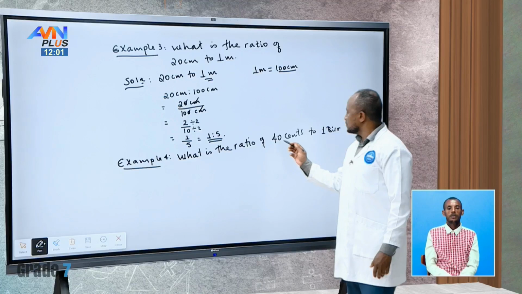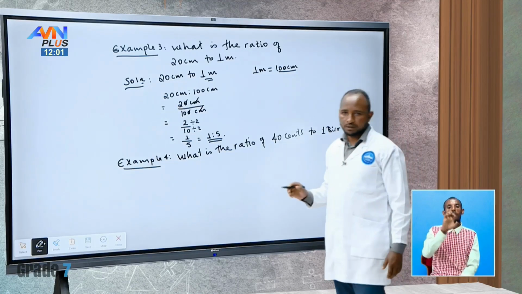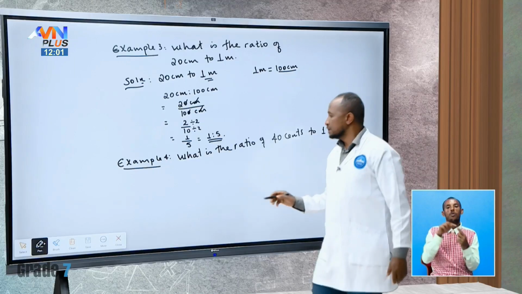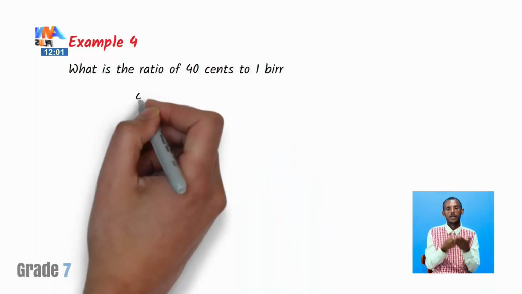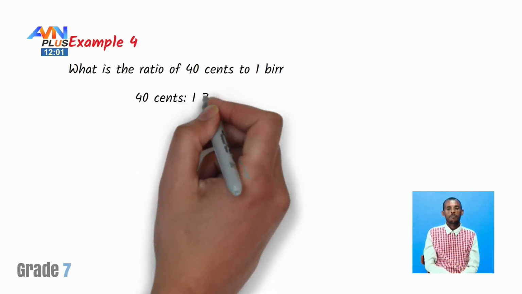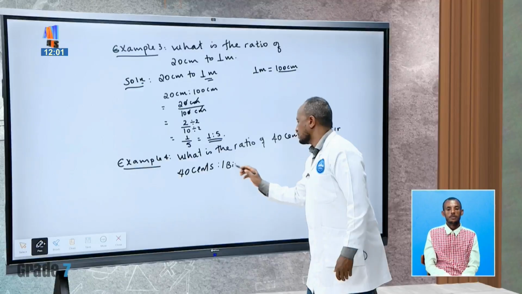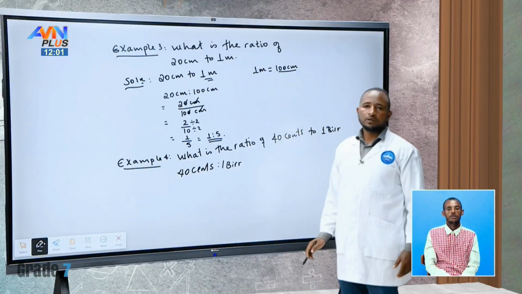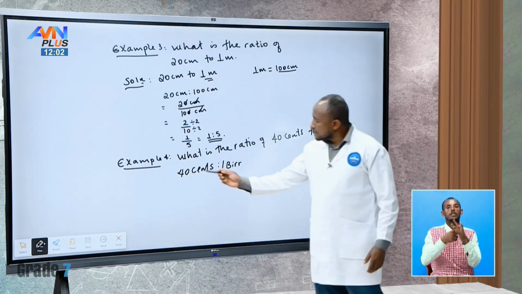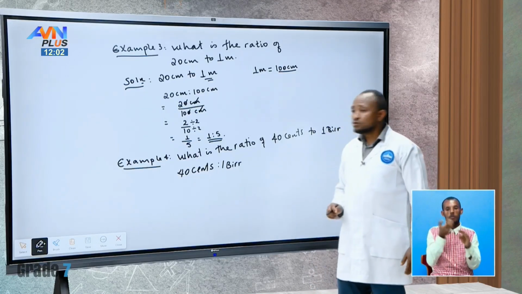We are asked to find the ratio of 40 cents to 1 bird. So it is 40 cents ratio 1 bird. Since, as you can see here, these two are different units. Before a ratio is stated, the unit must be the same.